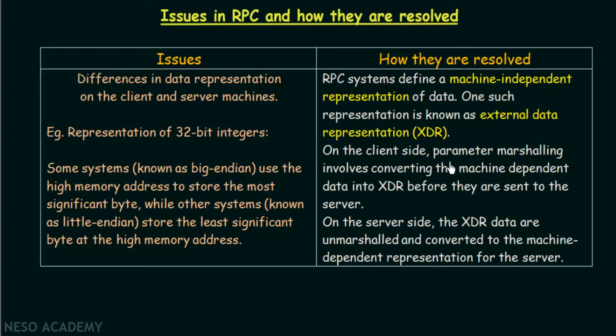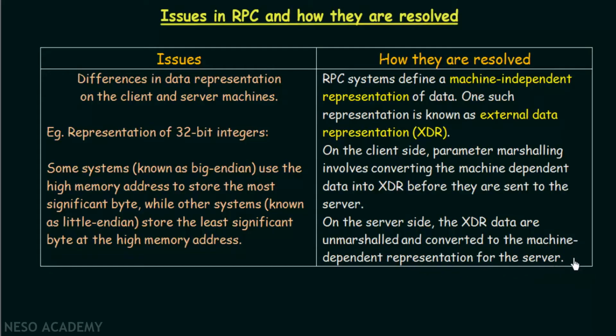And on the client side, parameter marshalling, we have studied about parameter marshalling in the previous lecture, involves converting the machine dependent data into XDR before they are sent to the server. So on the client side, the data will first be converted to XDR form, and then on the server side, the XDR data are unmarshaled and converted to the machine dependent representation for the server.